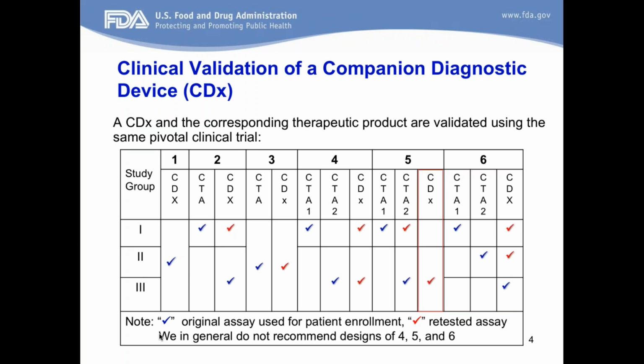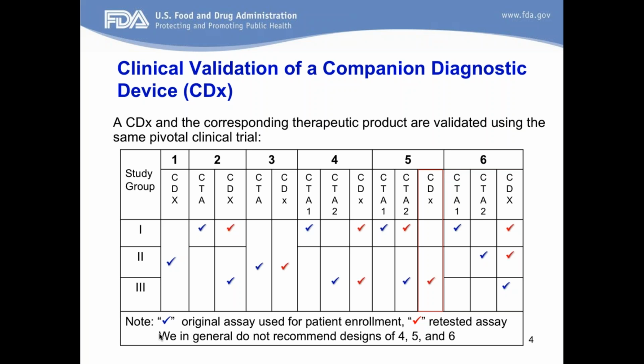So there are different ways of drug and device validation, and they can use different study designs. We always talk about drug and device co-development. However, there's always a possibility that CDx and the drug may not be validated in the exact same way.